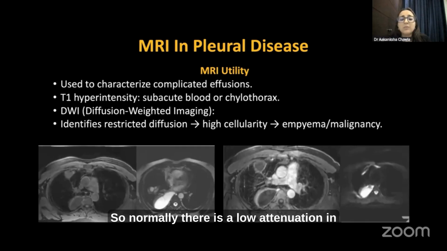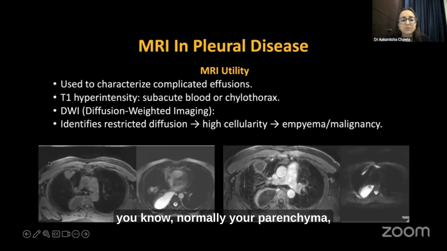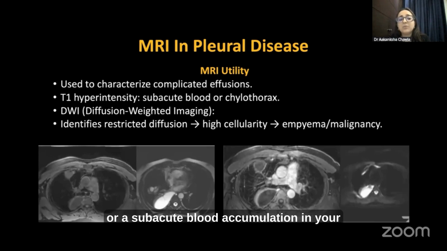Normally there is a low attenuation in T1 weighted images, which is dark black, like your normal lung parenchyma. But if it becomes hyperintense on an MRI, then it could be a case of chylothorax or a subacute blood accumulation in your pleura, which would become hyperintense on T1 weighted images.